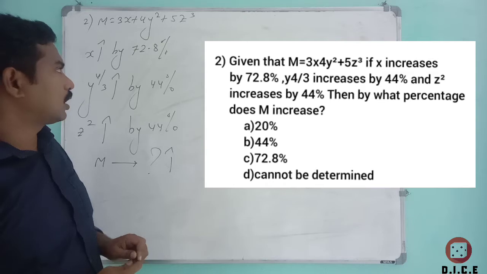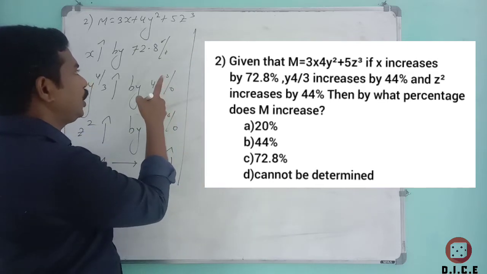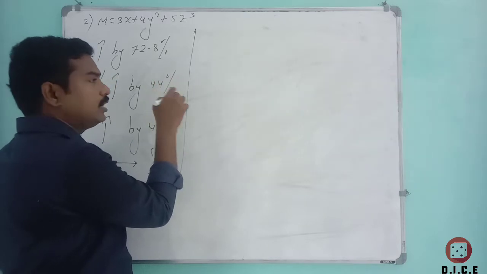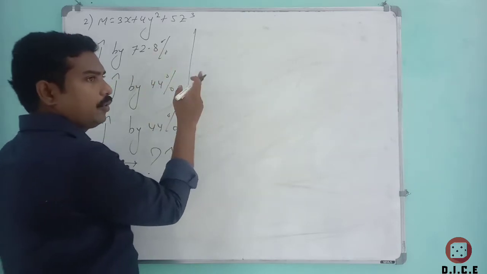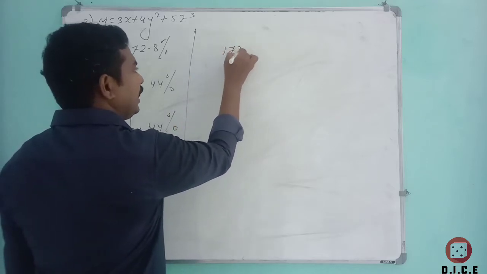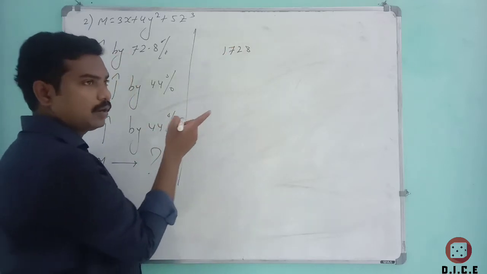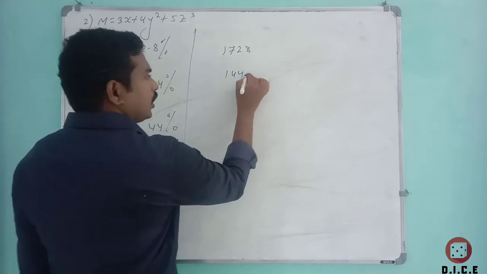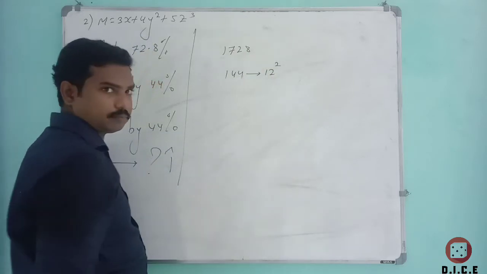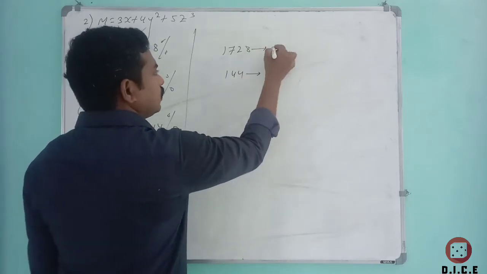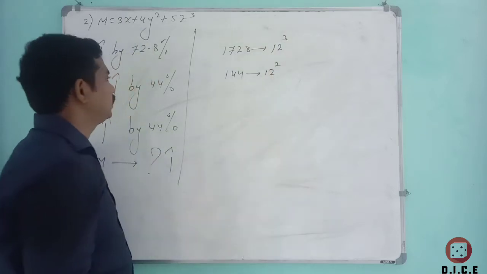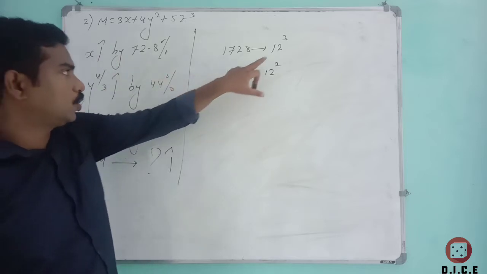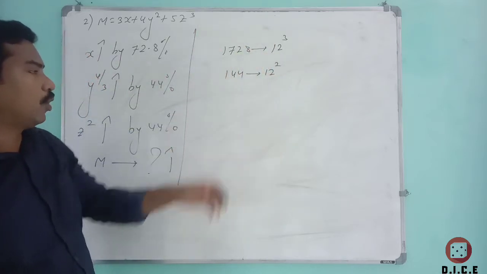But in our way of shortcut, if 72.8 is increased, if you take away the decimal point here and add 728 to 1, that is 1728. Similarly, 44, if you put 1 beside 44, it is 144. 144 is nothing but 12 square, and 1728 is nothing but 12 cube. So you see here, 12 cube and 12 square.